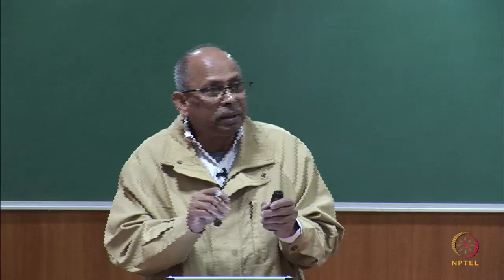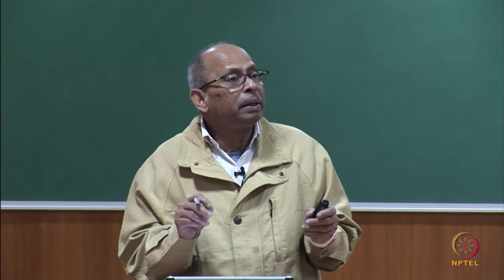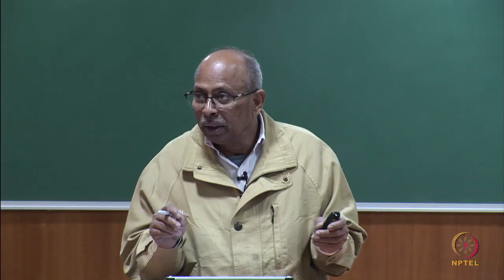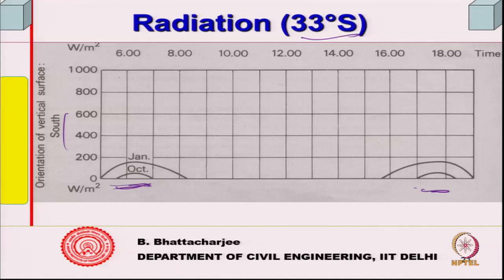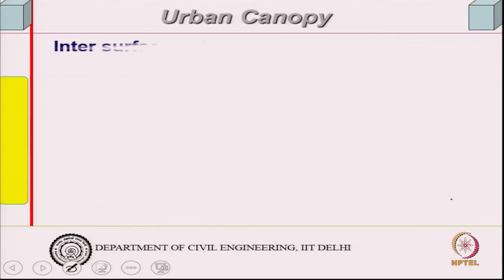So, actually sunrise will not be 12 hours, but the sunshine period is more than 12 hours. So, therefore, the north receives a little bit of sunshine in the summer period, I mean sorry, not north. In case of the northern hemisphere, it will receive something in the morning and something in the afternoon in summer time. So, this is how the radiation pattern is.